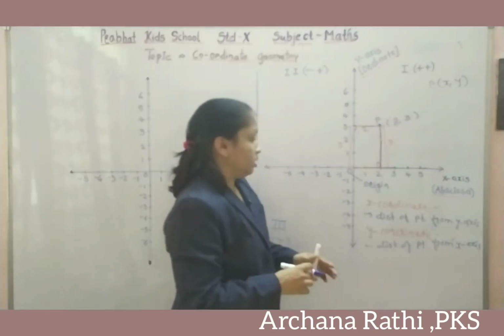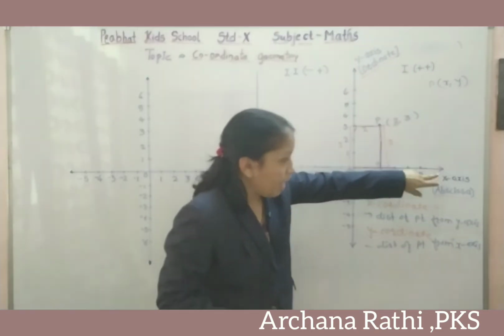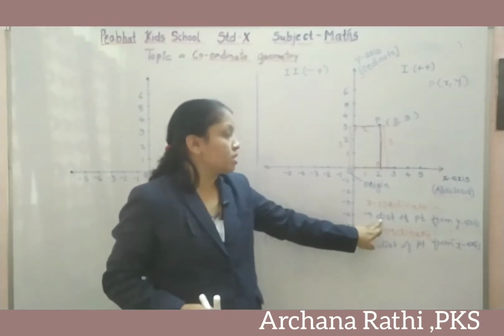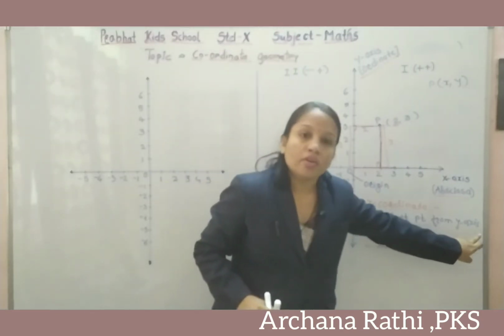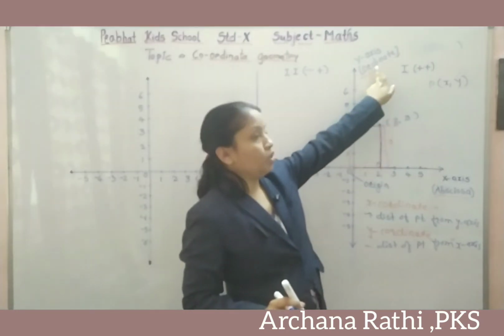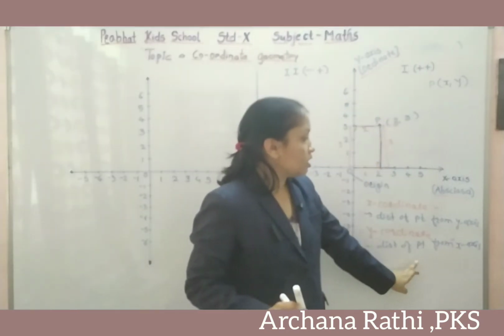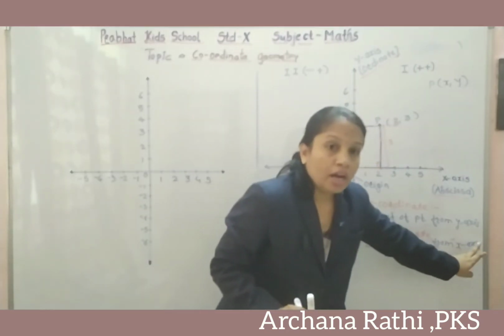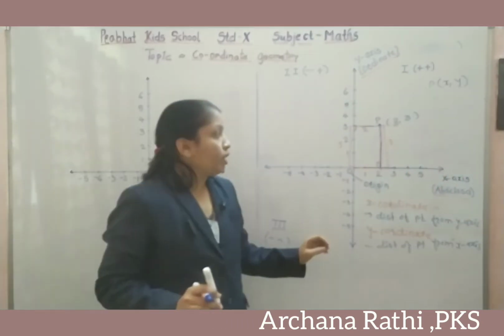Please keep this in mind. The x coordinate or abscissa is the distance of the point from the y-axis, and the y coordinate, also called the ordinate, is the distance of the point from the x-axis.